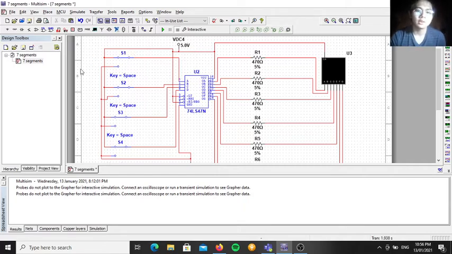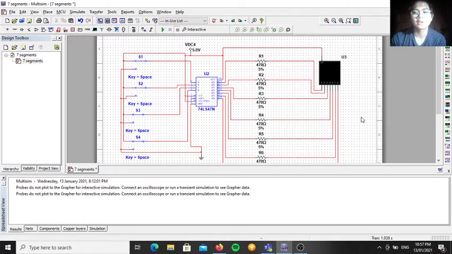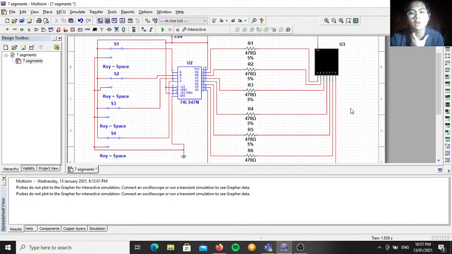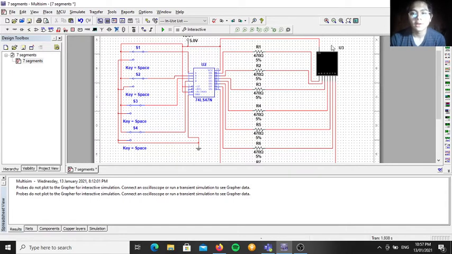Our SPDT switches are S1, S2, S3, S4. And we have resistors R1, R2, R3 up to R7. We have 7 resistors, and the value of our resistors is 470 ohms with 5% tolerance. And our 7-segment display has a number.